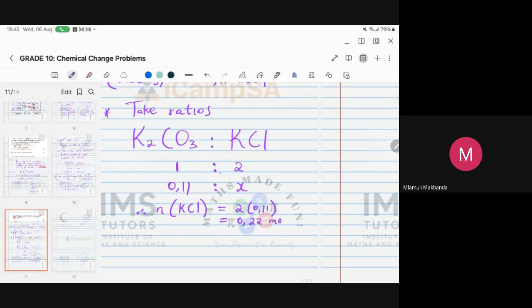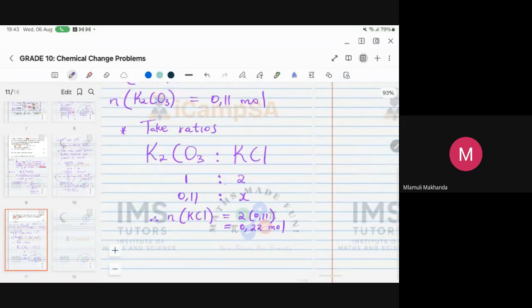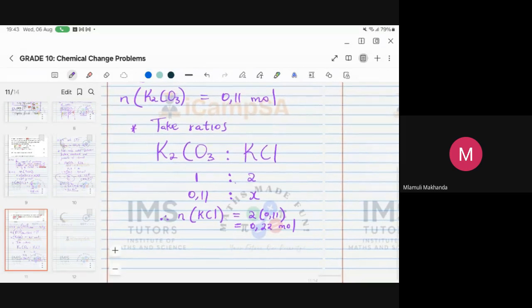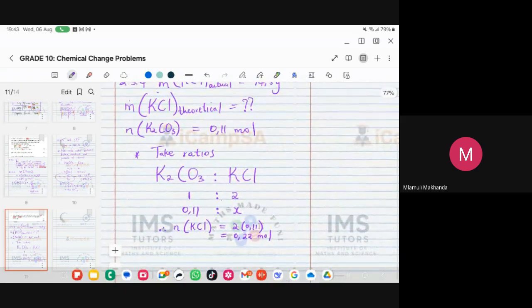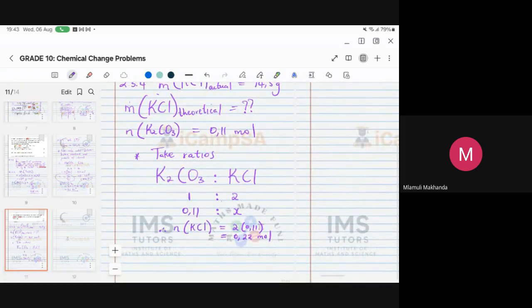This means for every 0.11 moles of potassium carbonate that react completely, because it's a limiting reactant, we will have 0.22 mole of potassium chloride that forms. Good. Now, let us find the theoretical mass.